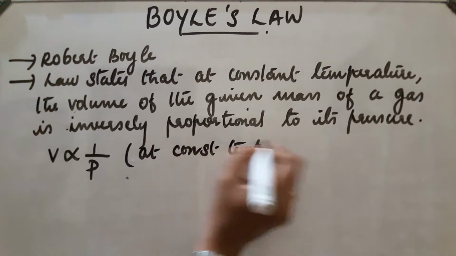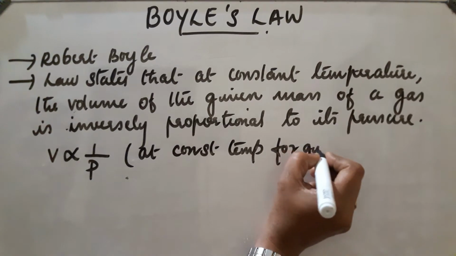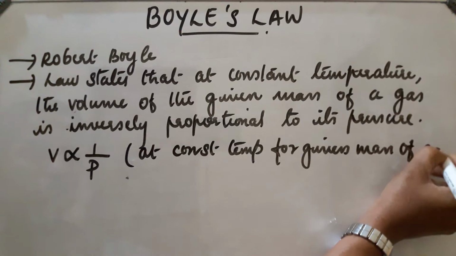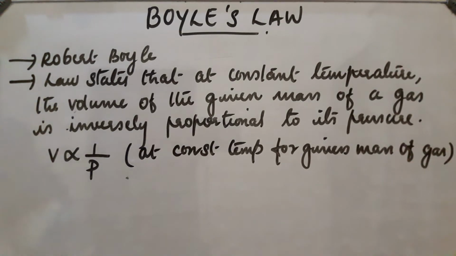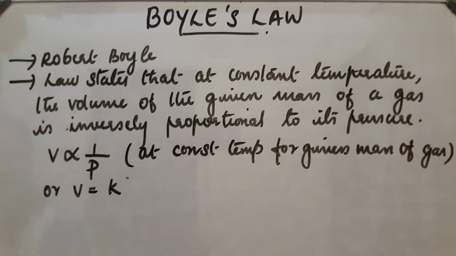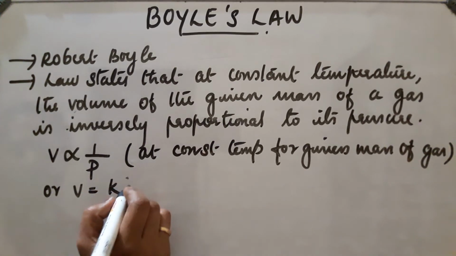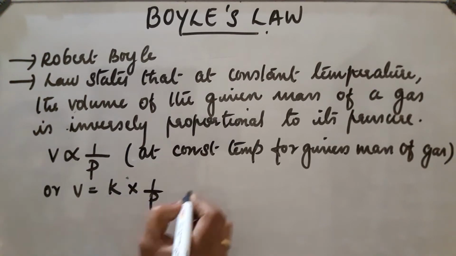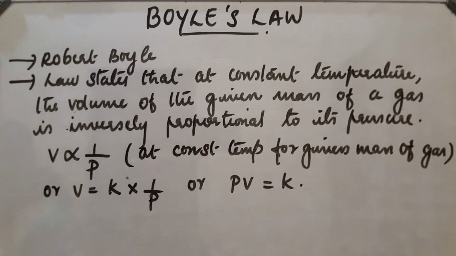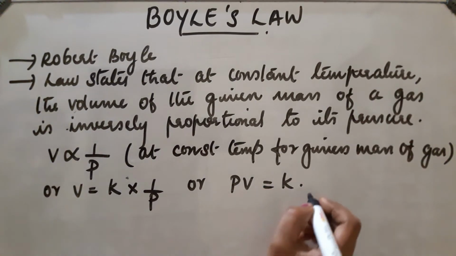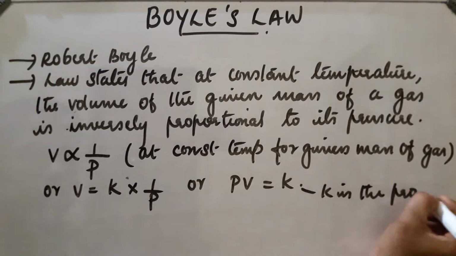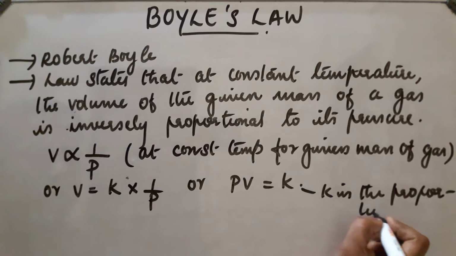Constant temperature for a given mass of gas. So, V is equal to K, where K is called the proportionality constant, into 1 by P, or we can write PV is equal to a constant, where K is called the proportionality constant.